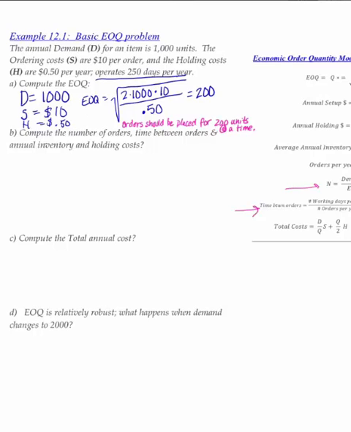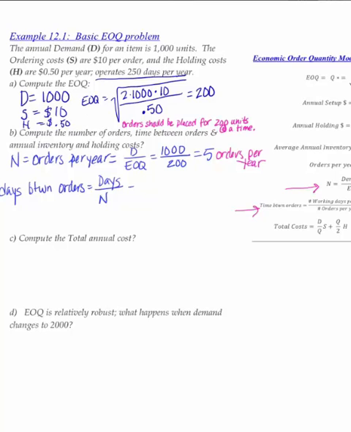So N, orders per year, will equal D divided by EOQ. So that's going to be annual demand divided by EOQ, which is just what we just computed. So we're going to have 1,000 divided by 200. And that means we're going to have 5 orders per year.